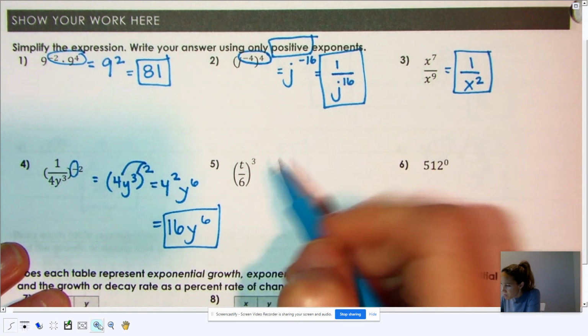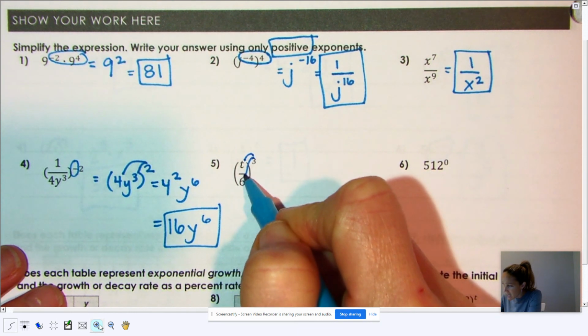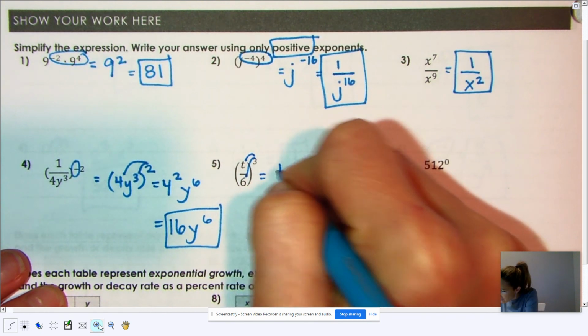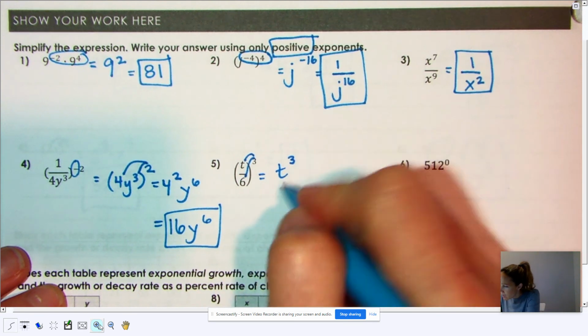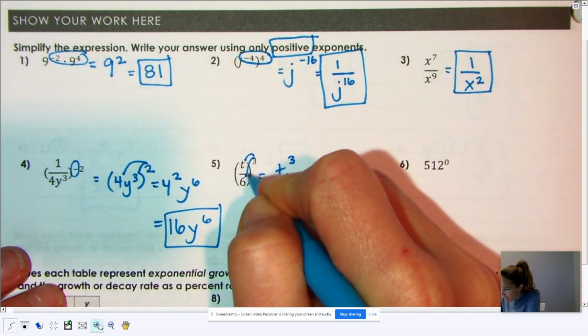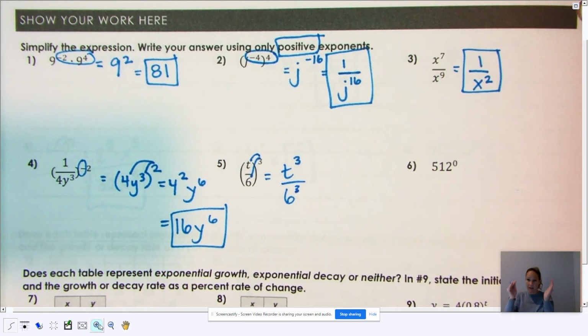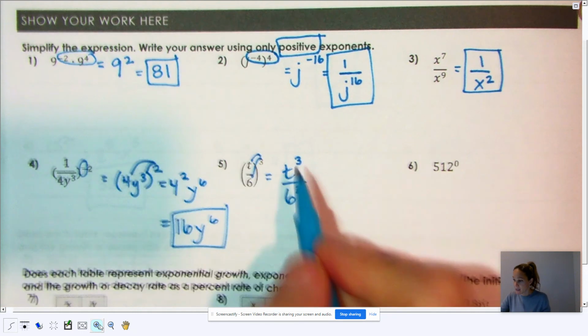Okay, so same thing when I have a division problem in here, that exponent goes to everything that's on the inside. And so I have t to the 3, because remember, I just have a little 1. 1 times 3 is 3. And then 6 has an exponent of 1. 1 times 3 is 3. Or you can think about it, if I'm multiplying that by itself 3 times, I have t times t times t, which we write as t to the 3rd.